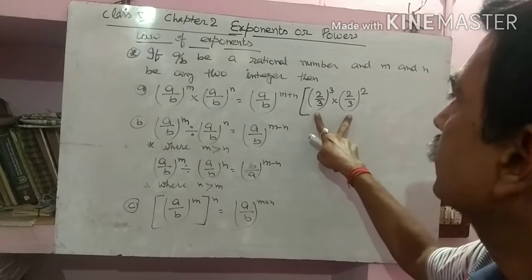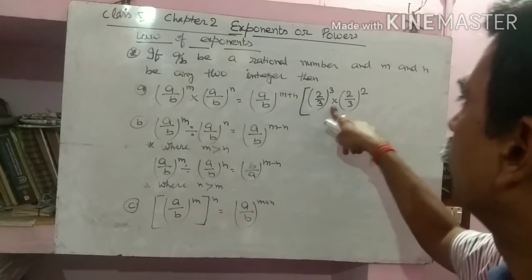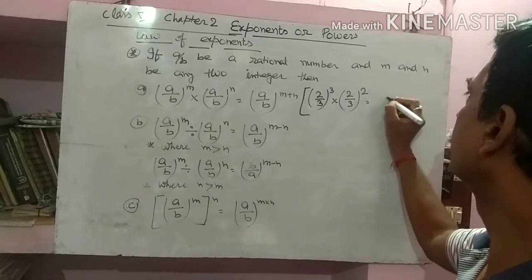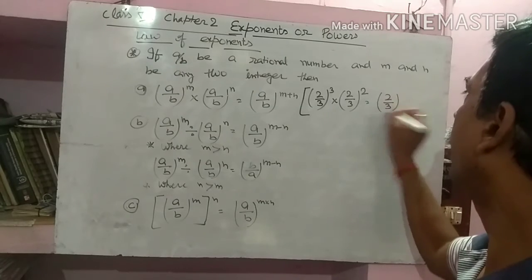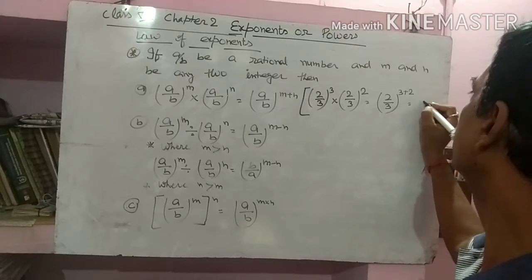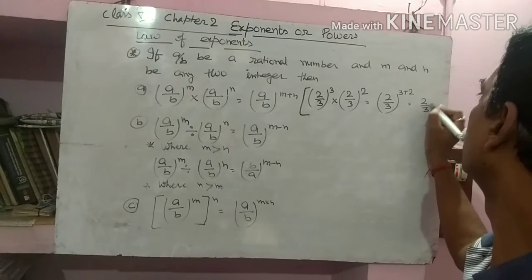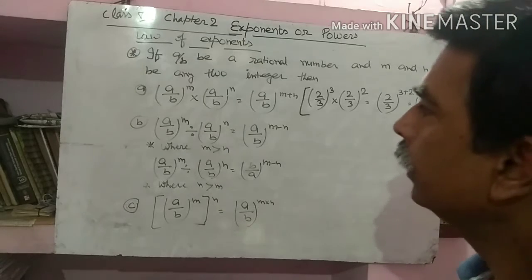It means the bases are the same, the powers are different, and they have to be multiplied. In that case, take the common base, which is 2 by 3, and the powers are to be added, that is 3 plus 2, which is 2 by 3 to the power 5. Okay.